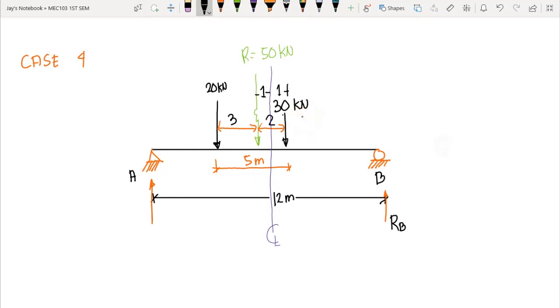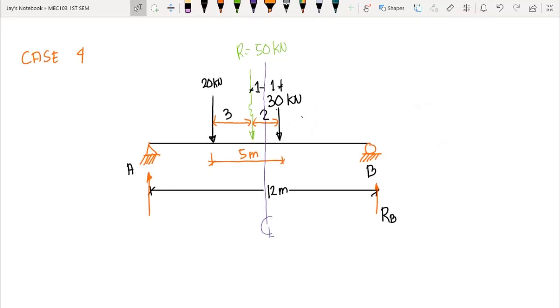Now we have to compute for the reaction at B, since reaction at B is on the side of our 30 kilonewton.